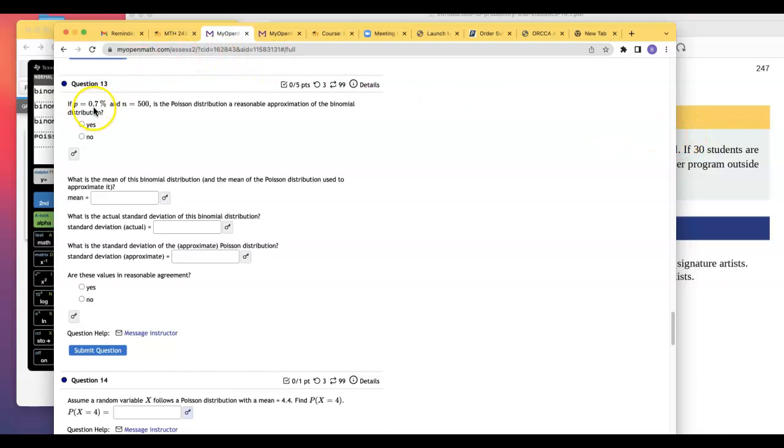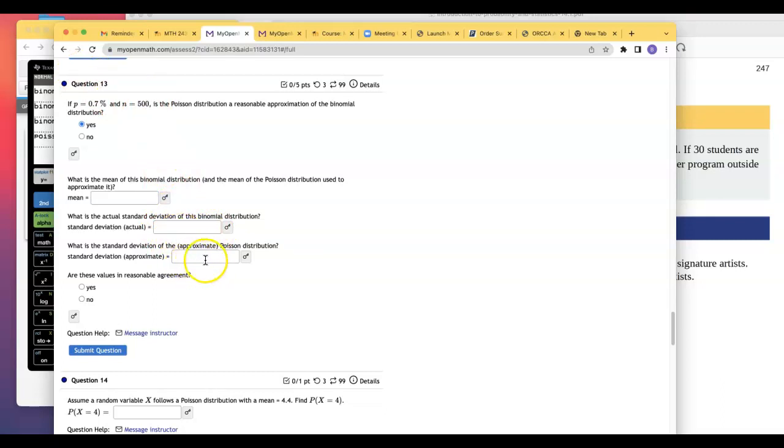And looking at this is a very small p-value and n is pretty large, so I'd say yes here. Okay, now the mean of the binomial was n times p, so if you multiply these two together, you should get this value. The actual standard deviation is the square root of n times p times q. You'd have to multiply that out to find that value.